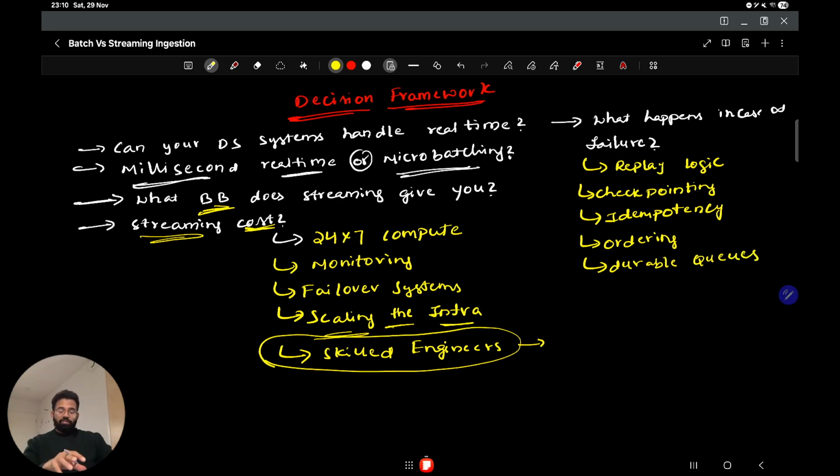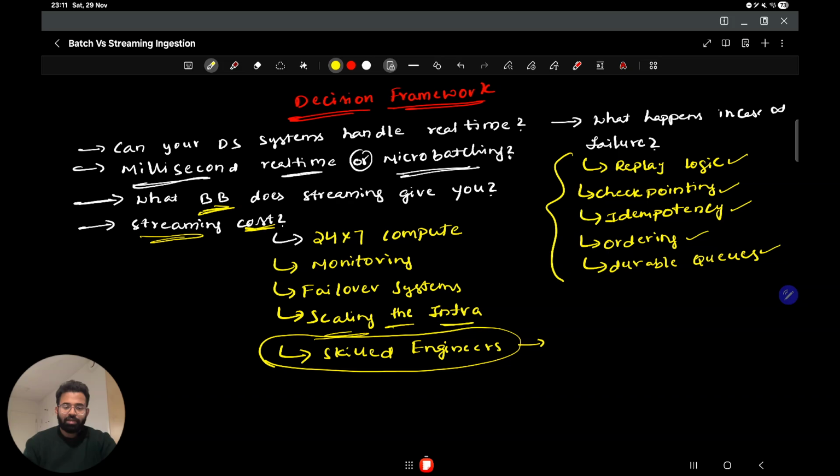Some sources will be pushing the streaming data into message queues, but if the queues are not durable enough to handle the incoming events, they might fail, and we don't want that to happen. So you need to consider all these things, or maybe more: replay logic, checkpointing, idempotency, ordering, durable queues, and all that stuff. It's generally much harder compared to batch ingestion.